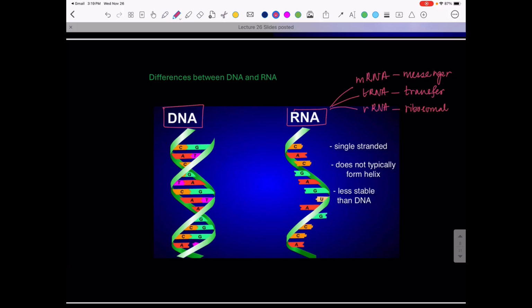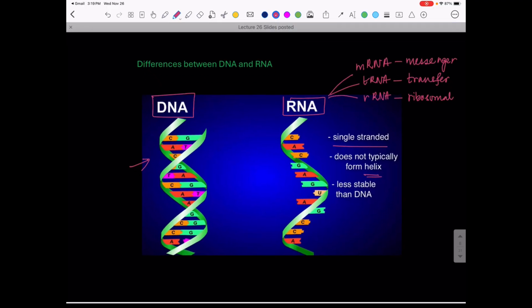Now, one of the major differences between the DNA and RNA is that DNA exists predominantly in a double helical structure, whereas RNAs are single-stranded and they don't generally form a helix. And because of the 2' hydroxyl group on the ribose sugar, RNA is very susceptible to hydrolysis.